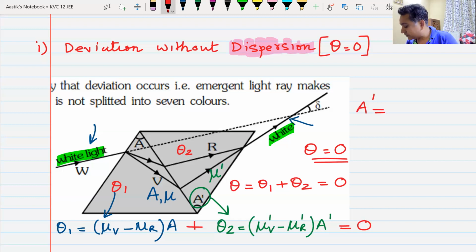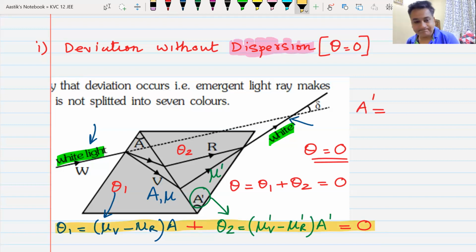Look at the value of theta 1. Look at the value of theta 2. What would A dash be equal to? Look at this and look at this. This is equal to 0. From there, you will get the value of A dash.